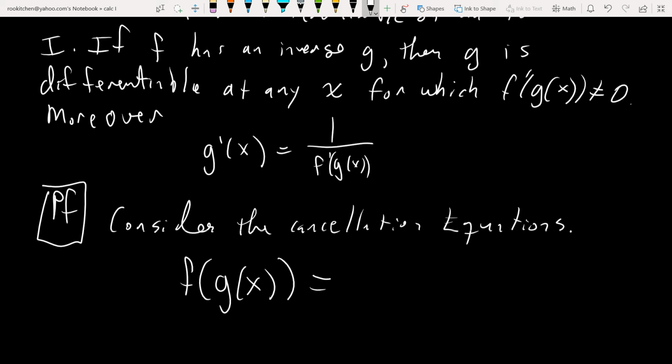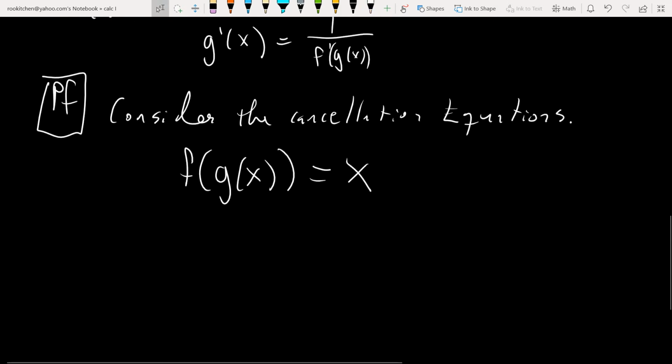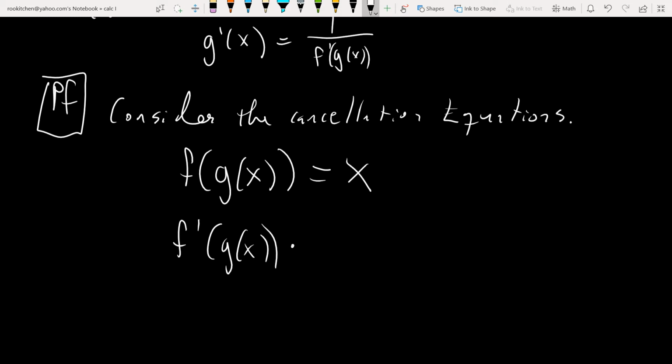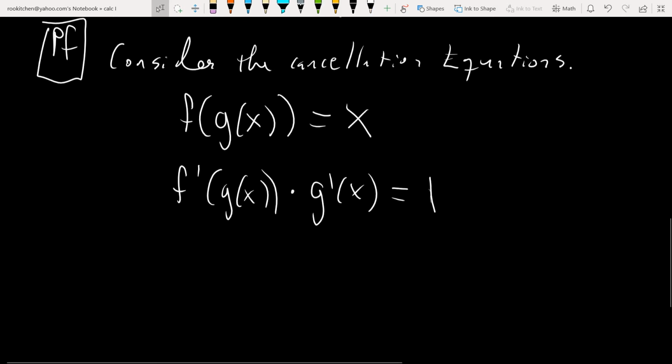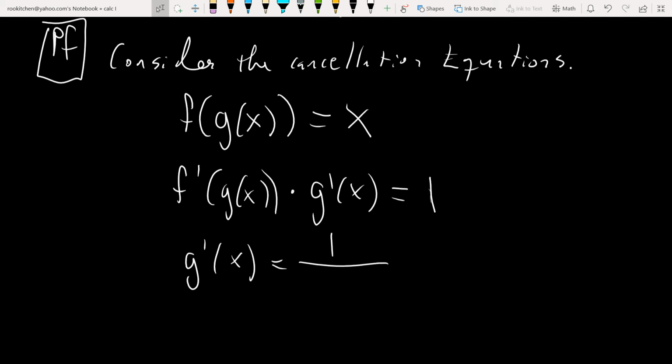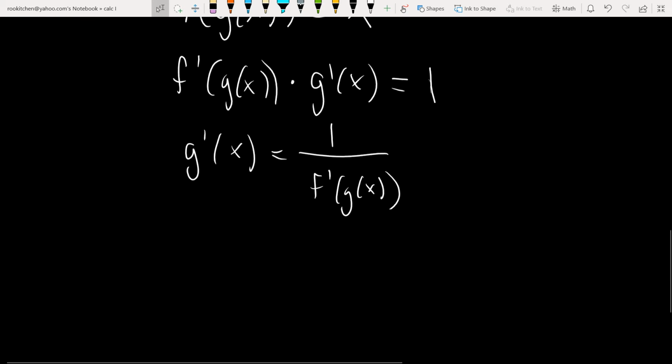We know it's going to equal x, right? And then we can take the derivative of this thing implicitly. This will be f prime of g of x times the derivative of the stuff inside, so that's g prime of x. And on the right-hand side, the derivative of x is just 1. Then we can solve for the derivative of the inverse g. So g prime of x will equal 1 all over f prime of g of x. So there it is.